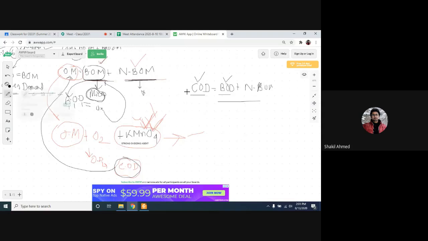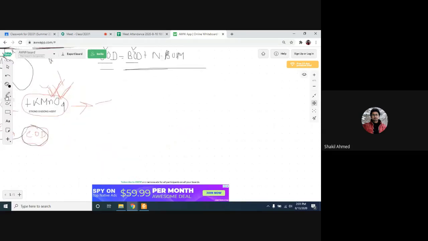Non-biodegradable organic matter. Is it clear up to this, guys? Yes, sir. So, in a nutshell, you have organic matter. This is two types: biodegradable organic matter and non-biodegradable organic matter.